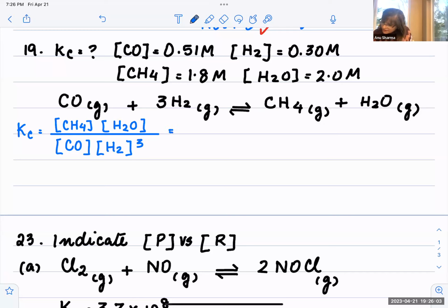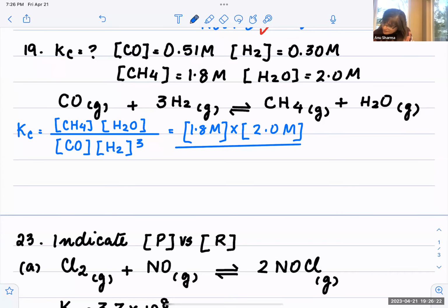CH4 is 1.8 molar times the water, which is 2.0 molar, over the CO, which is 0.51 M, times that of hydrogen, 0.30. Now that is raised to the power 3.